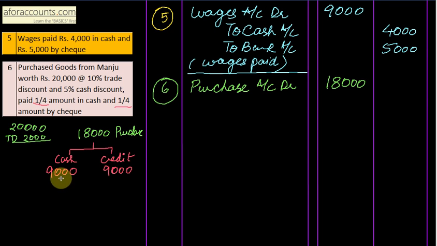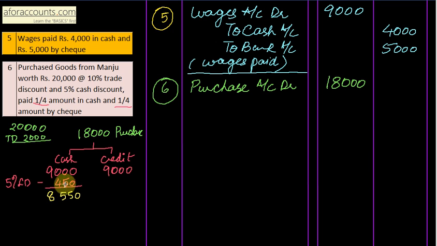Now come up to cash. Cash has 5% discount. So 5% cash discount. 9,000 into 5% comes up to 450. So 9,000 minus 450, 8,550.